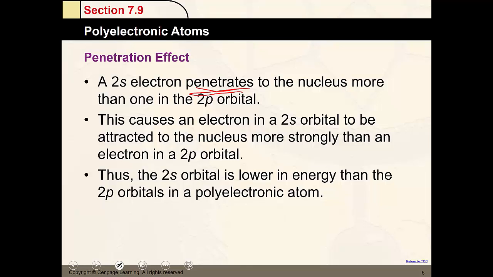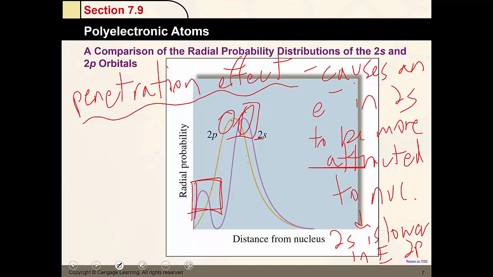As a result, it's more attracted to the nucleus. So even though the maximum of the 2p is closer, the 2s, even though it spends a small amount of time in this little hump, that's significant enough that it lowers the 2s energy below the 2p.